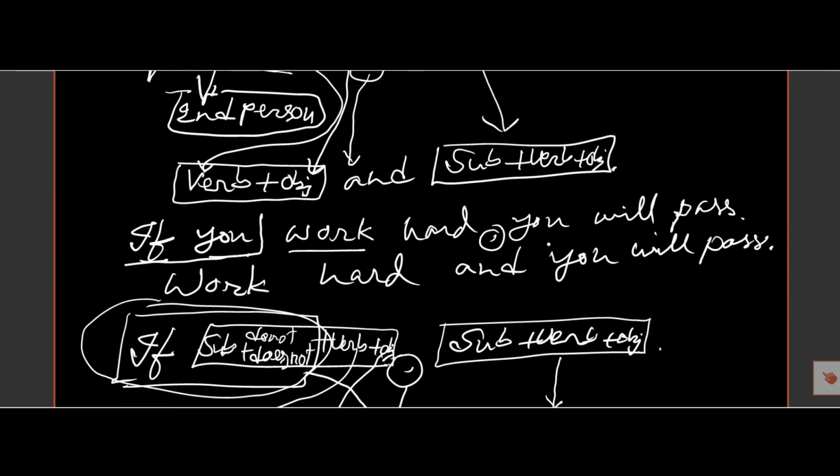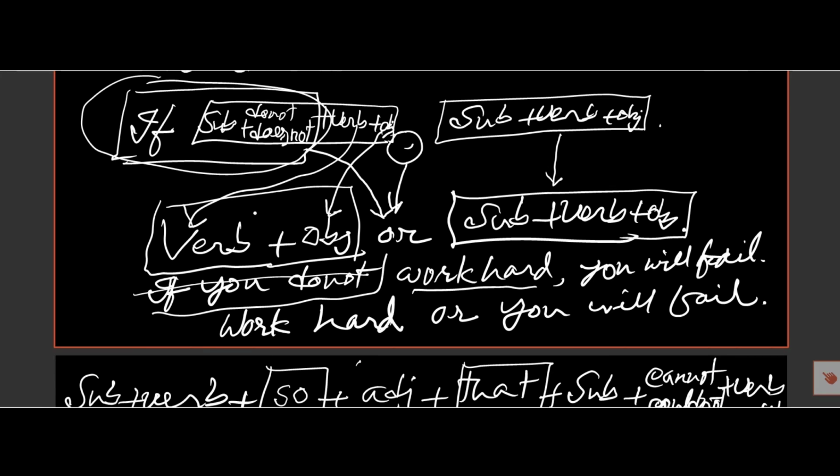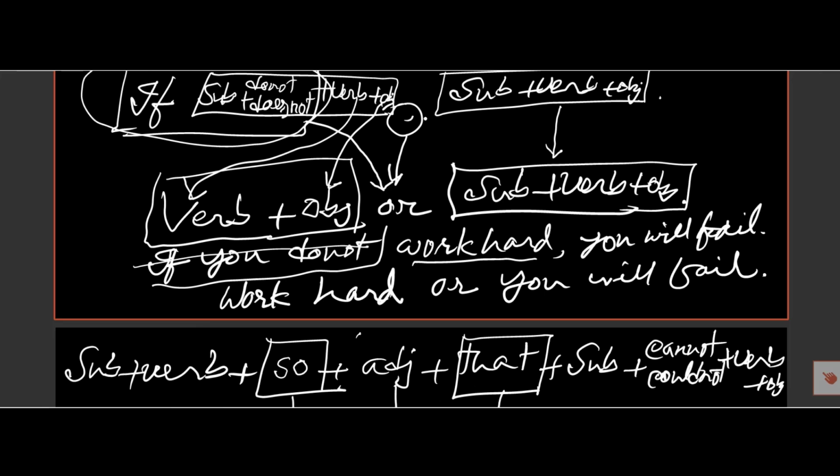And if the sentence begins with if but there is a negative form, we must begin from the verb and object. Then instead of "do not", if plus subject plus do not, we must use "or", and in place of comma we must use "or", and then the other part will be here.